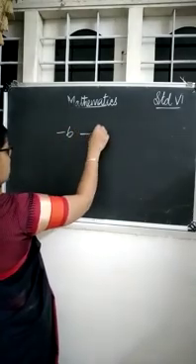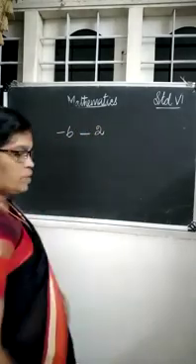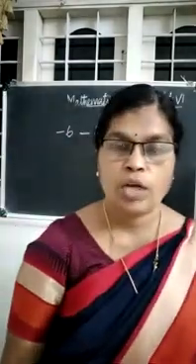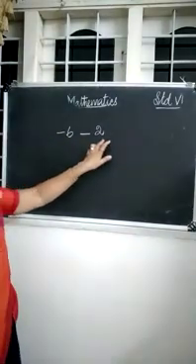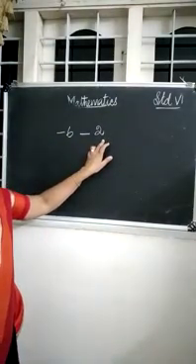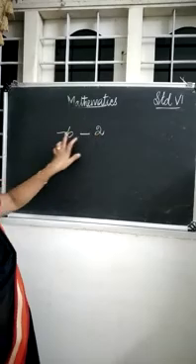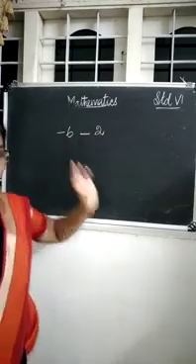Negative 6 minus 2. From negative 6 we are going to subtract 2. What is the meaning of this? We are going to subtract 2 from negative 6. What is the rule I told you?